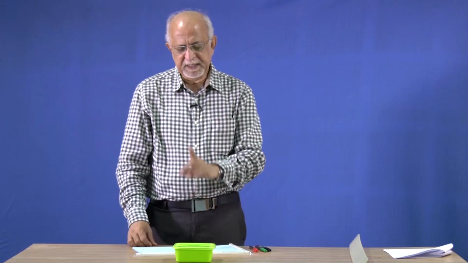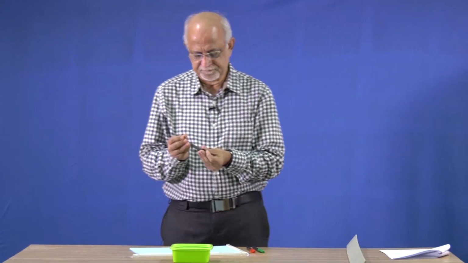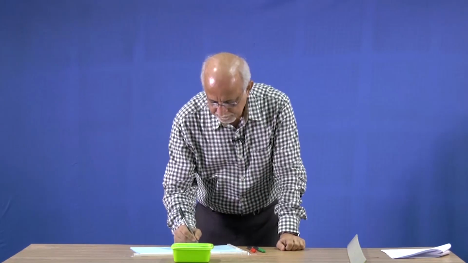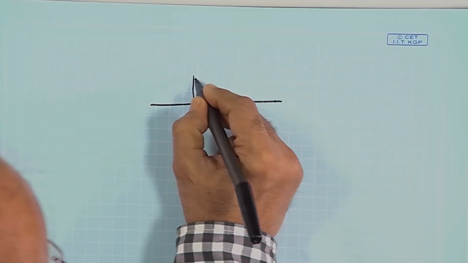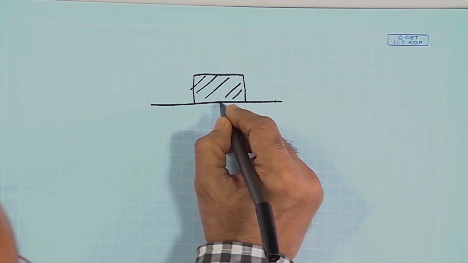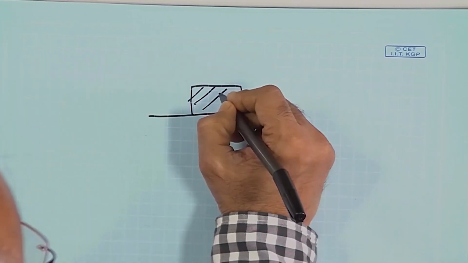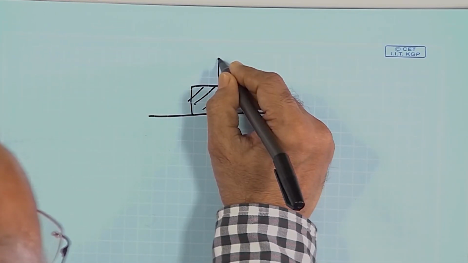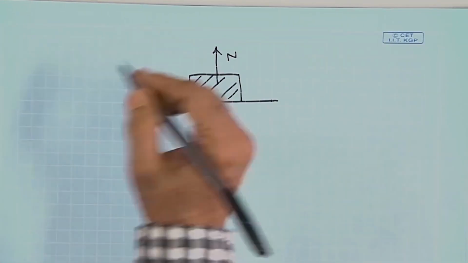So, when this box is stationary, the situation is like this. This is the surface of the table, this is the box, and this is the weight of the box, and this is the normal reaction which is equal and opposite to the weight of the box.